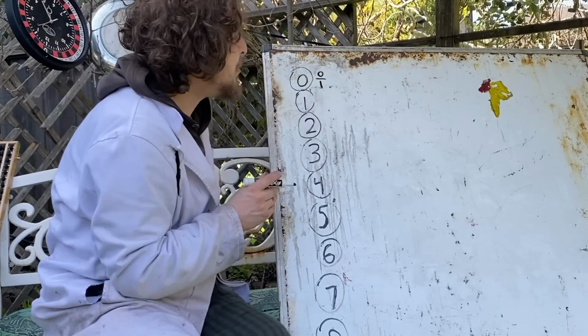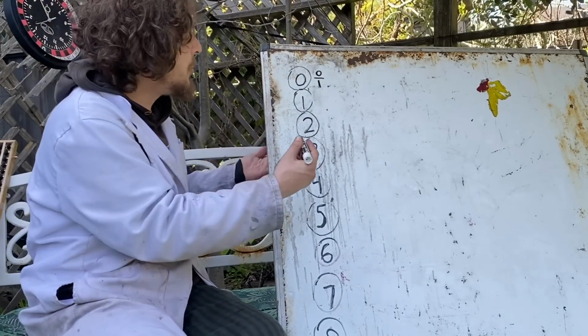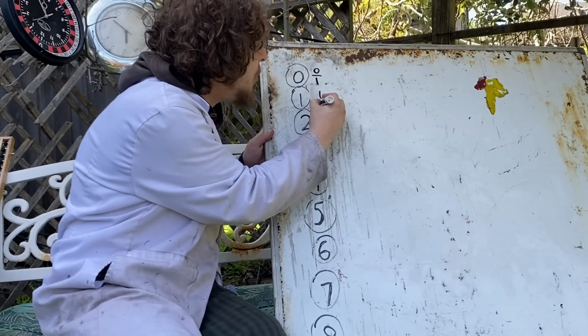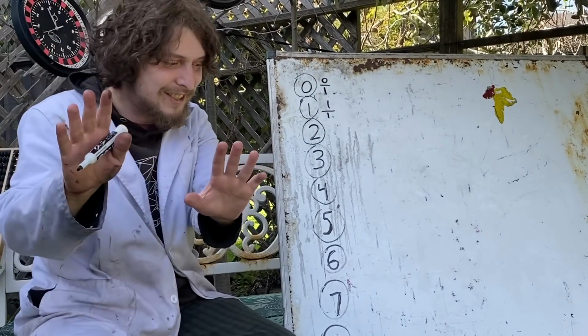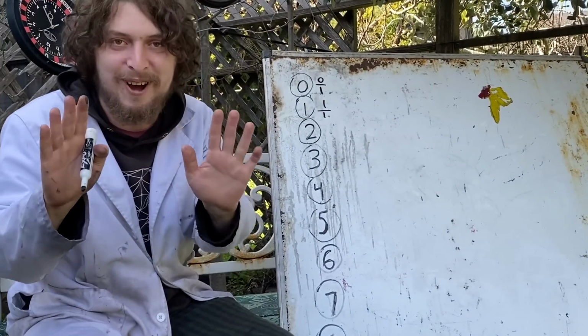So we don't have to put 0/2, we'll just put 1/1. And we're not going to put 2/0 because I said we're banning zeros from denominators.